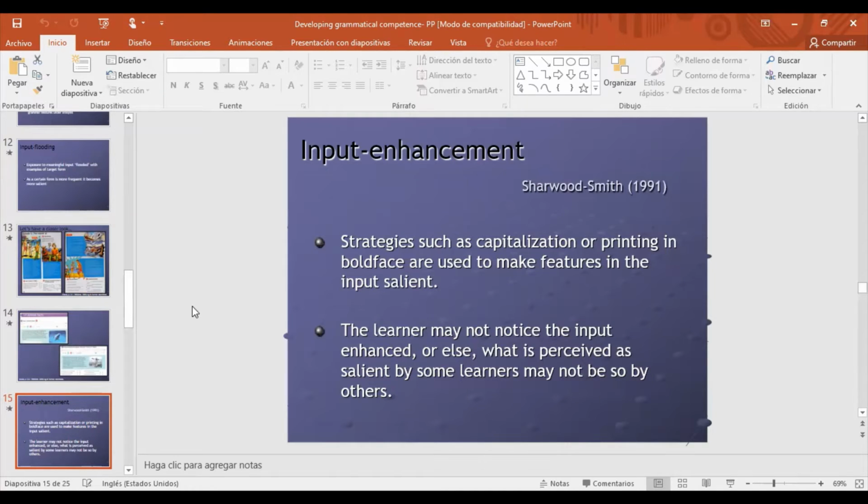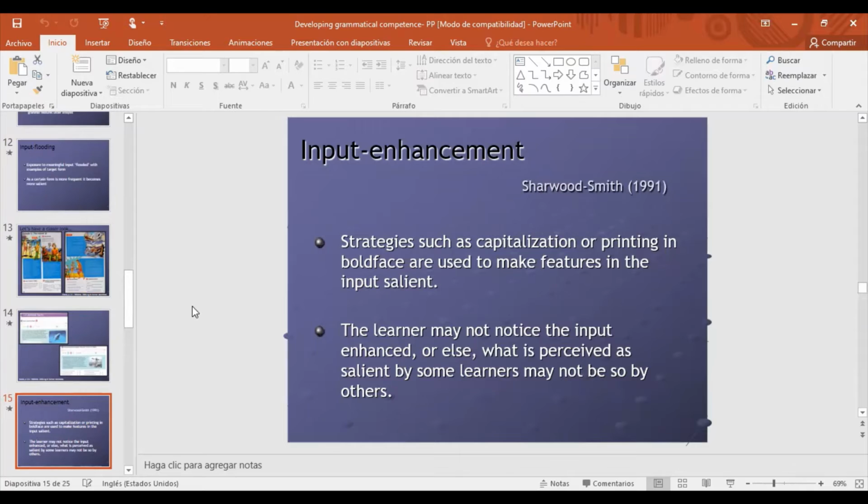Strategies such as capitalization or printing in boldface are used to make features in the input salient. The learner may not notice the input enhancement, or else what is perceived as salient by some learners may not be so by others.